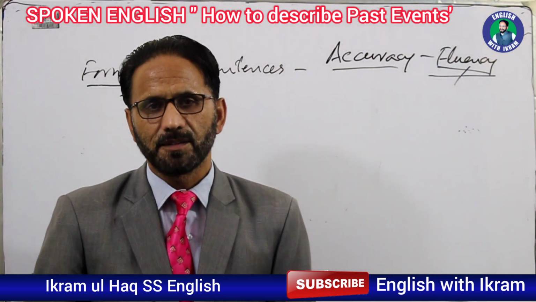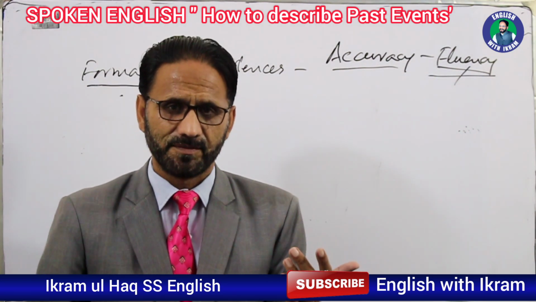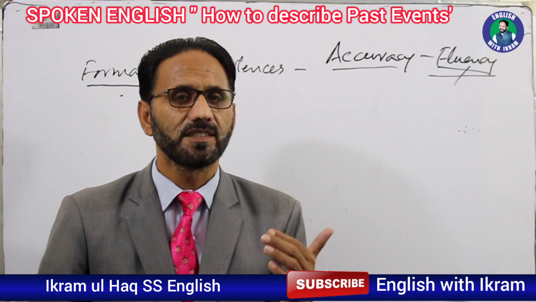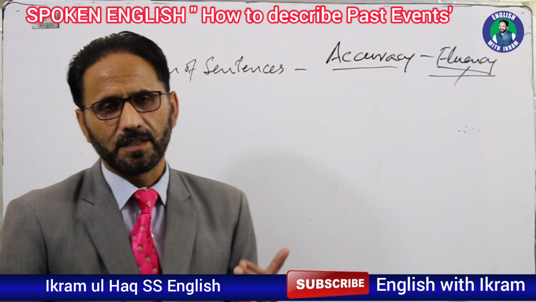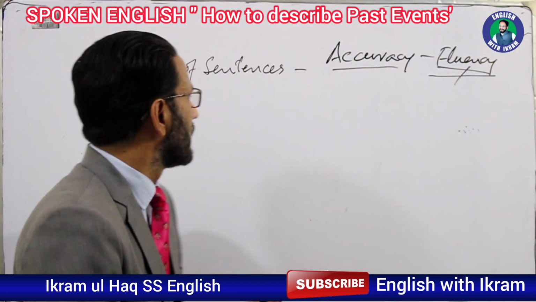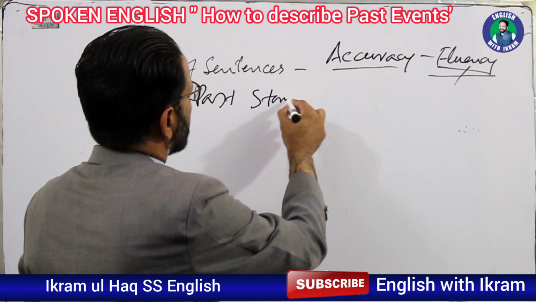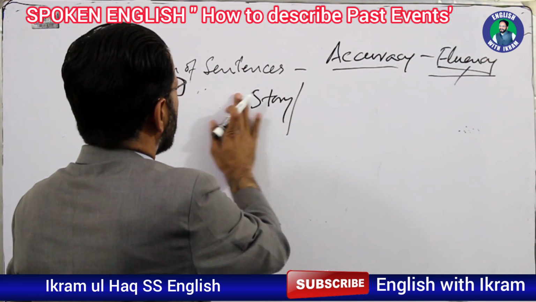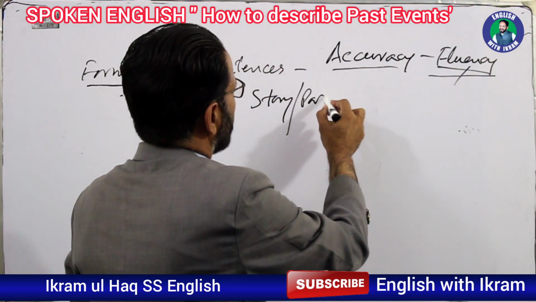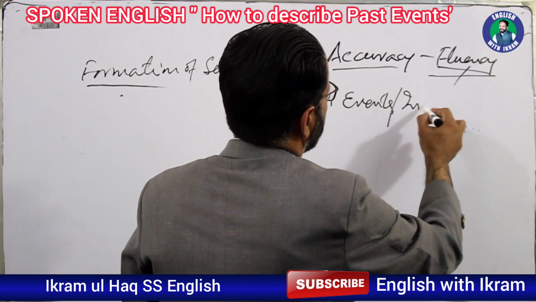Now I don't think that there is any issue of accuracy for speaking about your past. As I have given some examples, any story, just take any story that you have crammed. Just try to say something, any story that you have crammed already. Any past story. This is fluency. Past, obviously a story is in the past. Story, past events, or you can say past incidents.